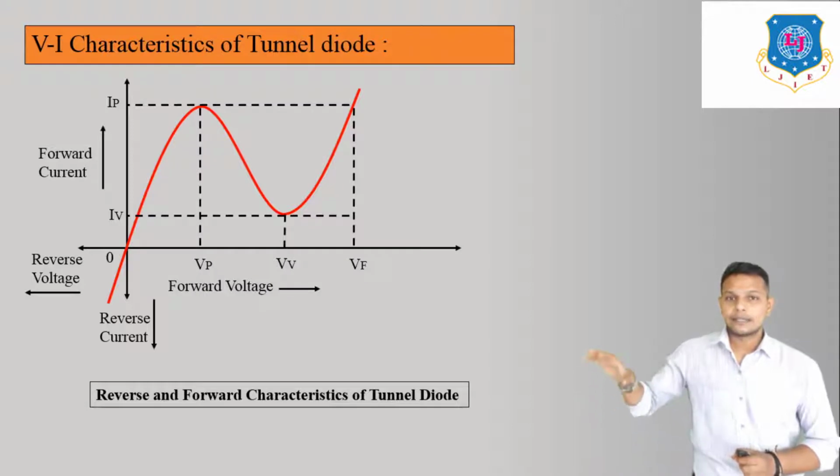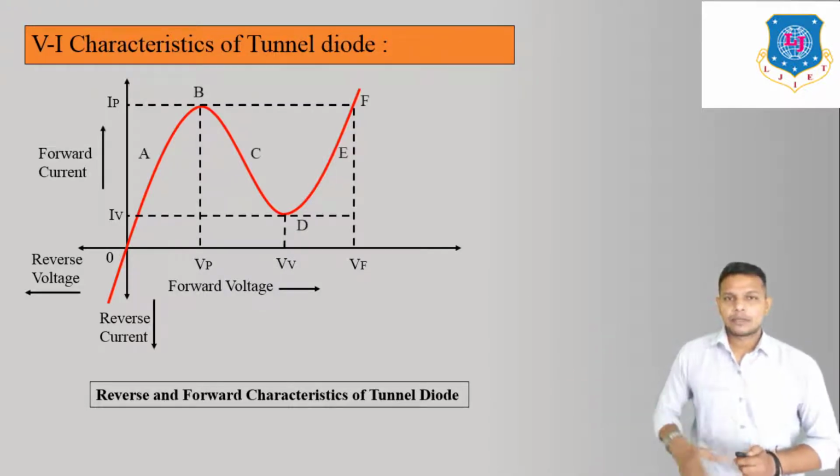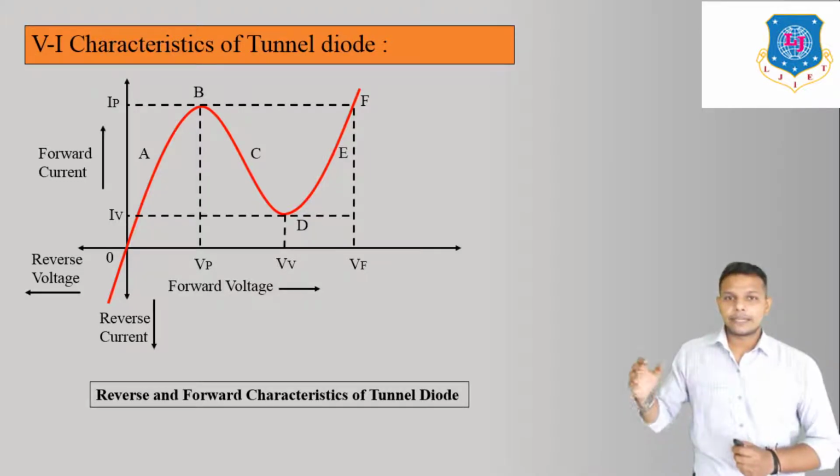So this is the characteristics of tunnel diode. Now A, B, C, D, E, F are the different regions where the graph behaves differently.